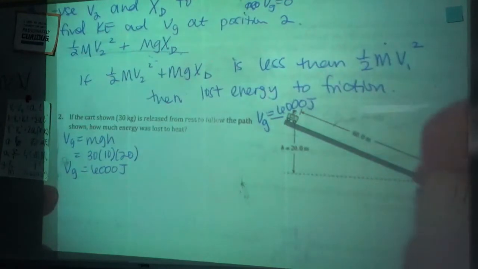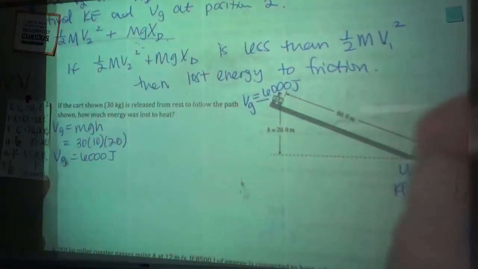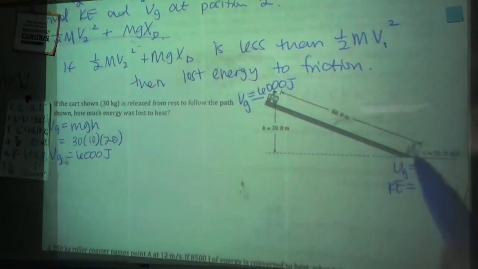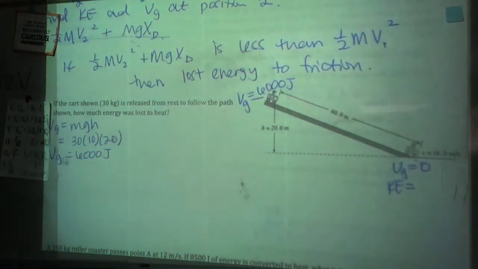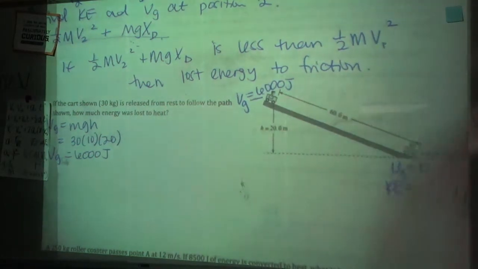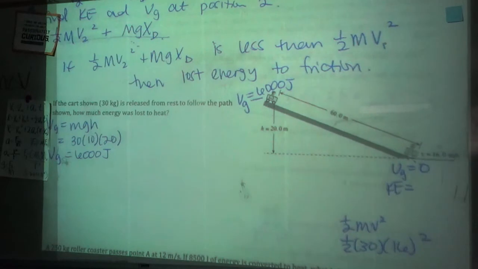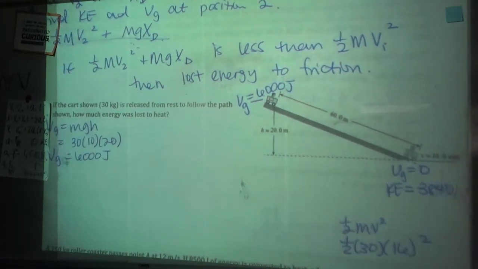Now, once you hit the ground, your potential energy is 0 because your height is 0. Kinetic energy, normally we would say, oh, my kinetic energy is 6,000, but this is a case where we did lose energy. So we can assume that we have less kinetic energy than potential because we lost some of it. Now, I actually gave you the velocity, so you can just do 1/2 mv squared, 1/2 times 30 times 16 squared, which gives me a kinetic energy of 3,840 joules.